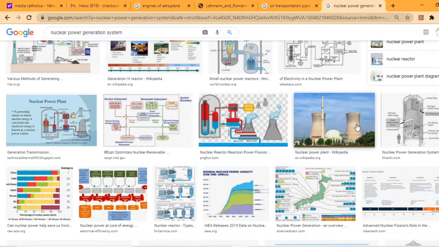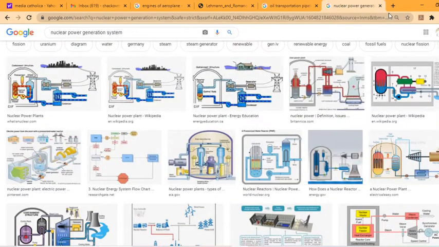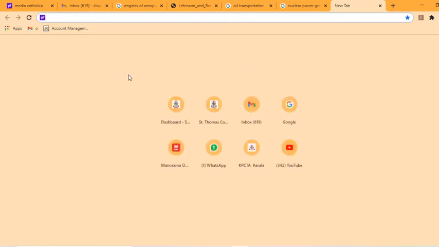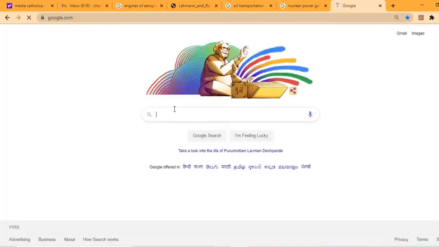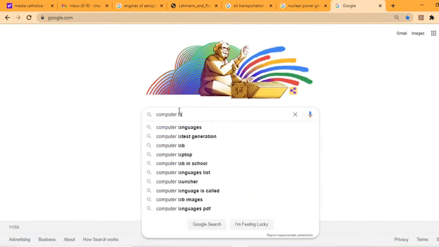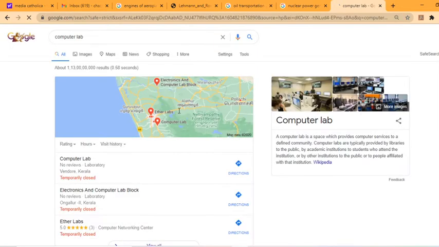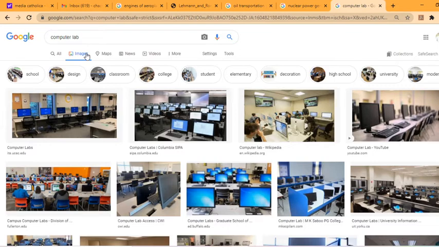So in an aeroplane, nuclear power system, pipeline system, or computer lab, you can see a number of systems connected in series or in parallel.